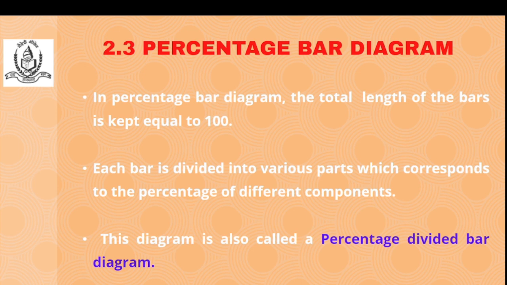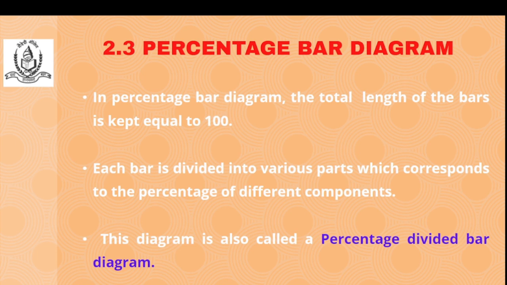the bar and its various parts are represented as the percentage values of different components and not the actual values. So first we need to calculate the corresponding percentages of each value, and then those percentage values are used for representation in the percentage bar diagram.